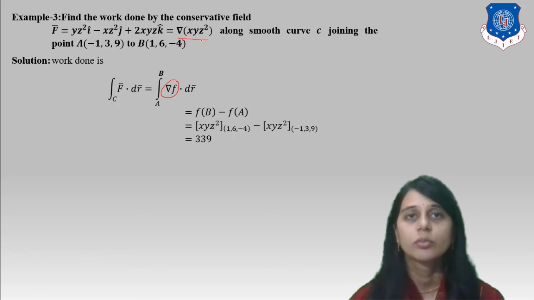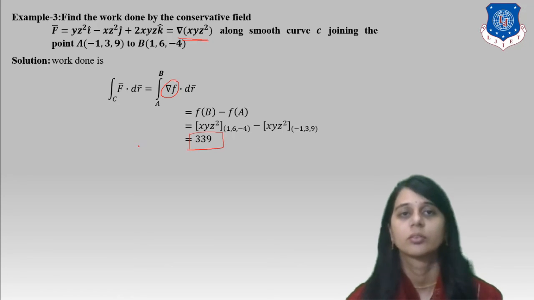This is the form 16 minus 4 minus xyz square minus 139. Answer is 339. The line integral formula is f of B minus f of A.